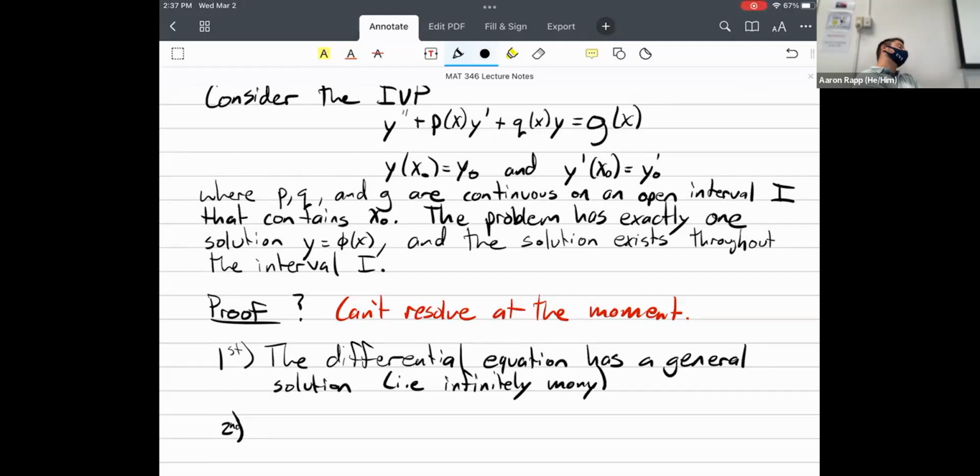That's the question. Where does I come from? It's an open interval what? Can literally read it off to me. It's an open interval that contains x naught, contains my initial starting point. So really what's giving it to me is the initial condition itself, right? Once I establish what x naught is, then I can do that interval I. But it all stems back to just that initial condition.